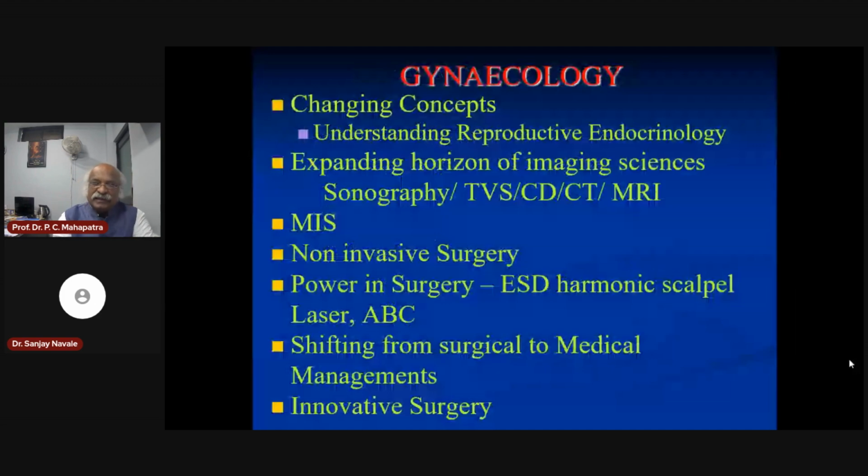The electrosurgical device has transformed from monopolar to bipolar to vessel sealer and to shear. These are very innovative procedures.